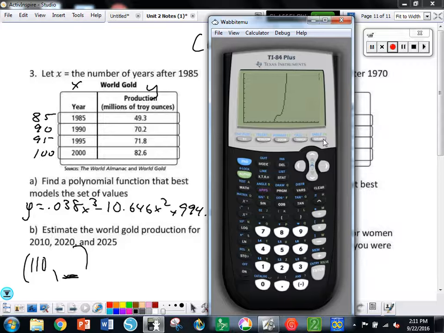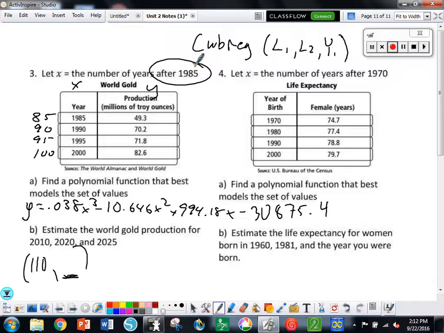Look, we got our cubic graph there, don't we? Okay, yes, sir. It doesn't matter to me. Up here it says numbers after, so therefore what should this have been if I was doing that? 0, 5, 10, 15, and so forth.